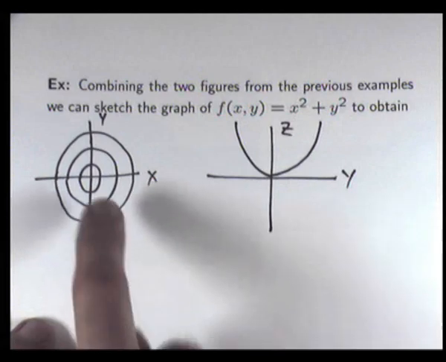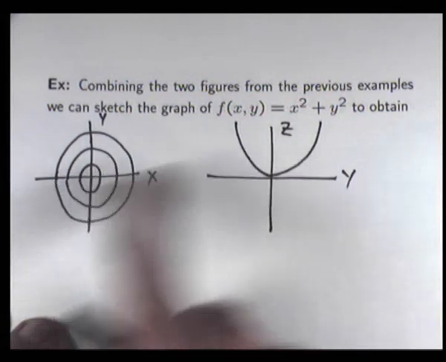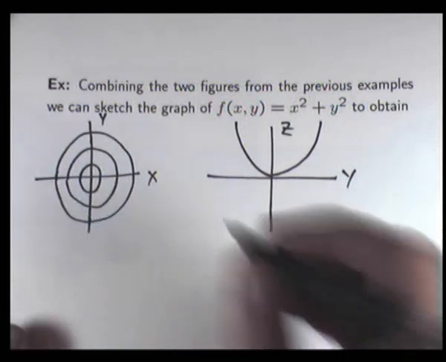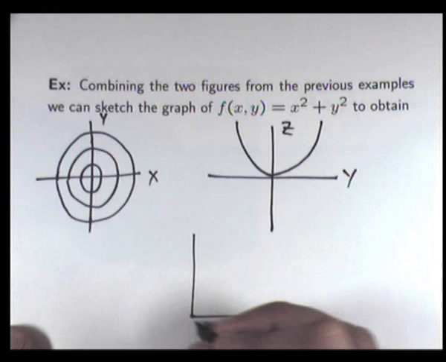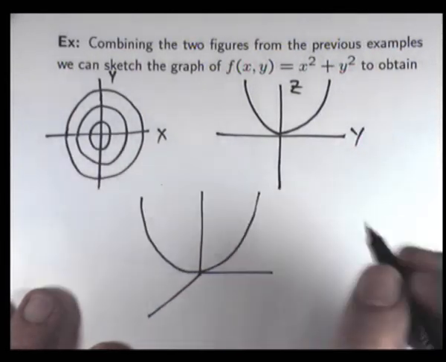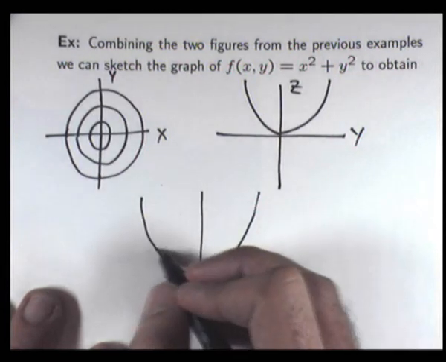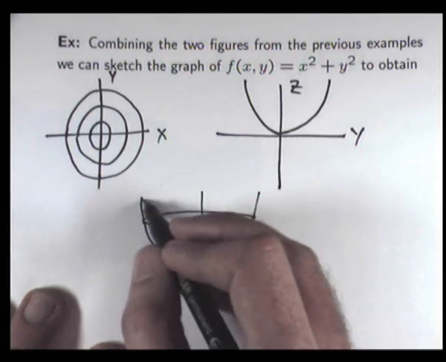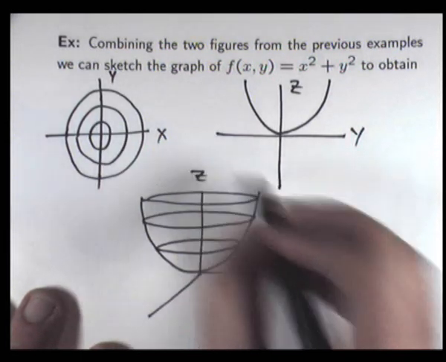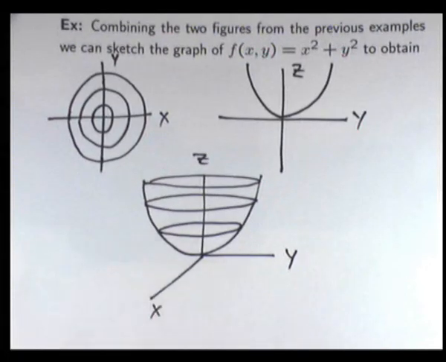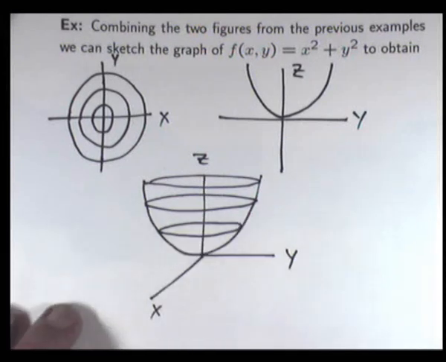So what we want to do is combine these two curves to plot something like a surface in three-dimensional space. How do we do it? Well, the circles are bounded by this curve here, and they're all lifted up above the xy plane. So we can form something like a bowl. That's our surface there, called a paraboloid.